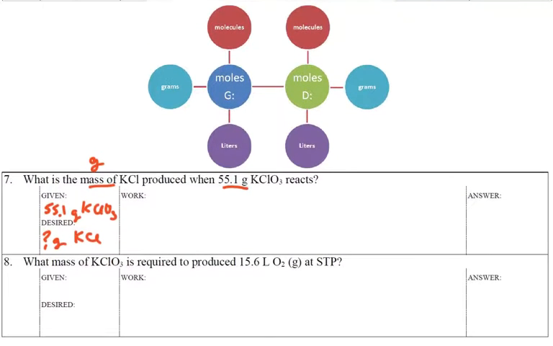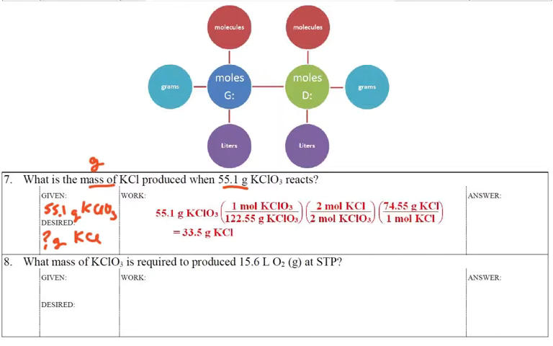So I have this already written out. So I write down my given value, 55.1 grams of KClO3, and then I have the conversion factor from above, so I'm going from moles of KClO3 to grams of KClO3, grams to moles, and then I'm going to do my mole-mole ratio, and we saw it in the balanced equation, it was 2 and 2, and then finally I'm going to go from moles back to grams.